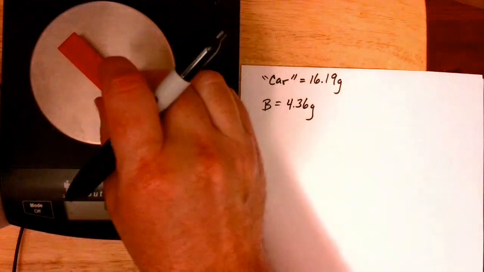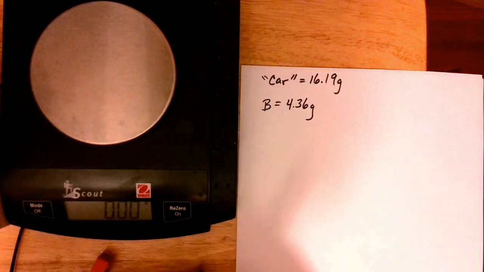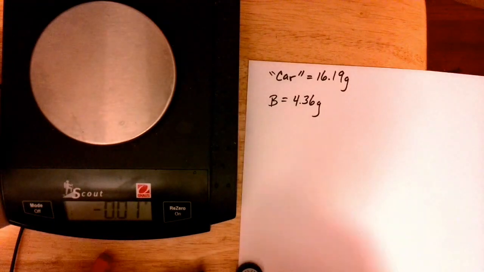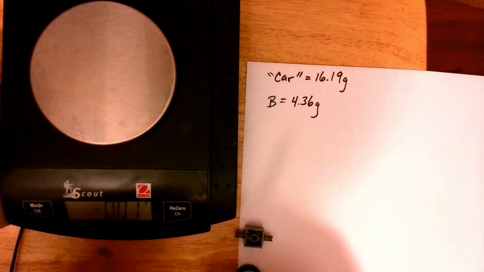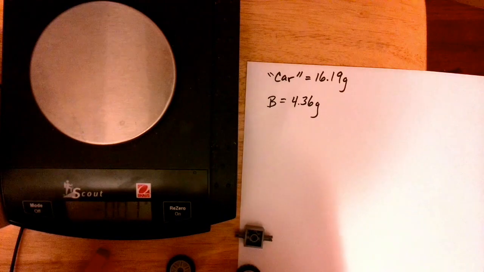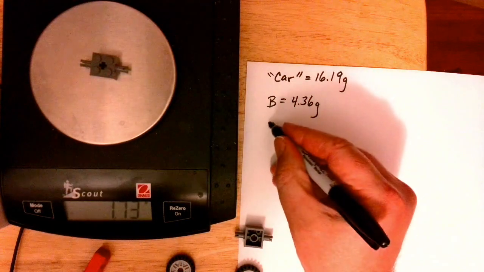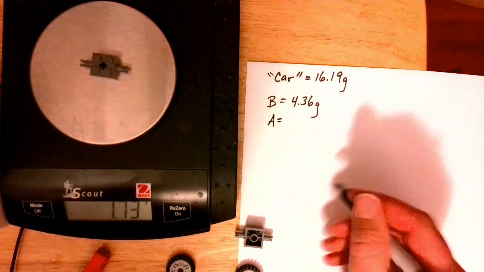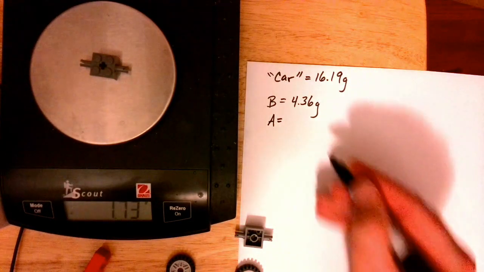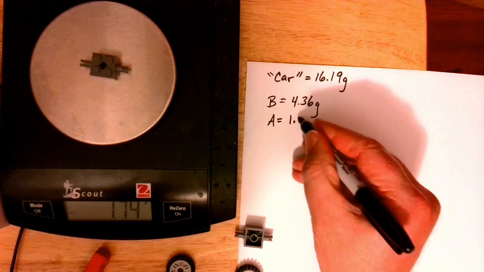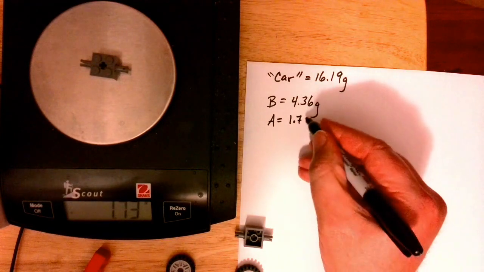So I'm using B for body. We also have two axles. If I weigh an axle, it has a mass of about 1.73 grams, 73, 74, somewhere around there.